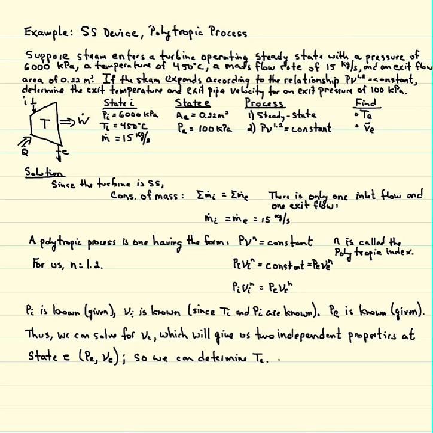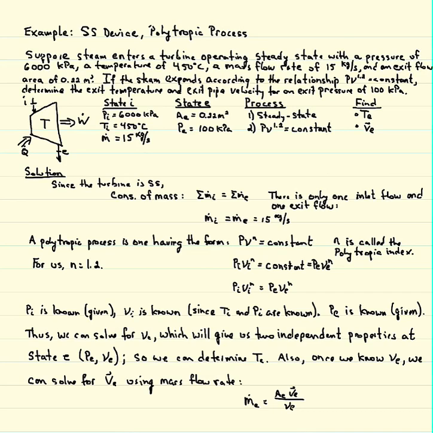Also, once we know what our exit specific volume is, so once we know the v sub E, exit specific volume, we can then solve for our exit velocity using our mass flow rate equation, which of course is the following: m dot E is equal to our exit area times our exit velocity divided by our exit specific volume.